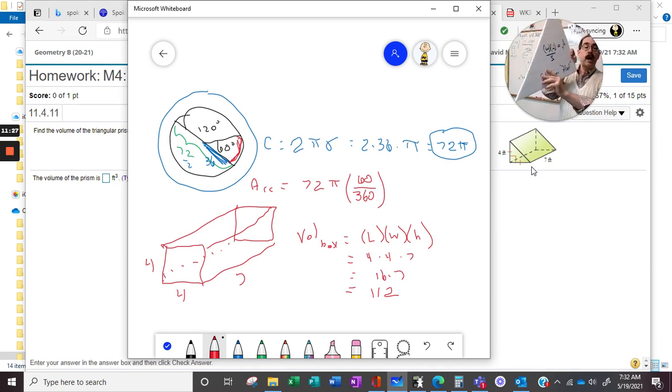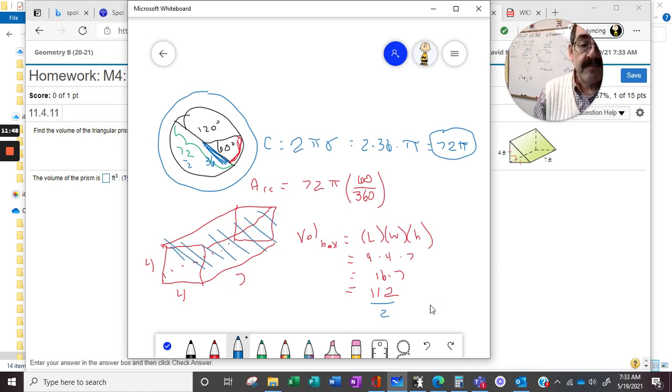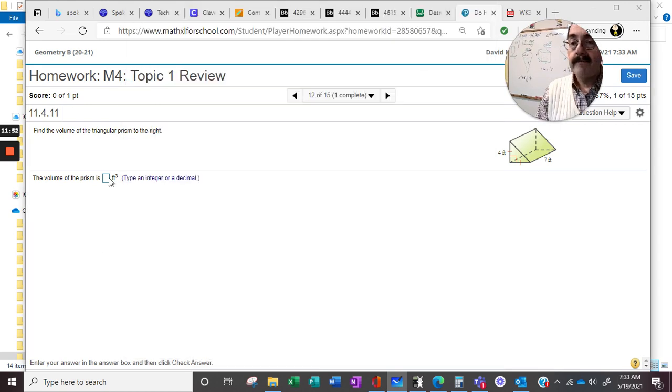Whoosh. I cut it in half. So just length times width, cut it in half. Well, volume, picture this as a big long tissue box, right? Three-dimensional. Just divide it in half. So we're just going to take this, divide by 2, because we're going to slice this in half. And we get 56. Let's try it.